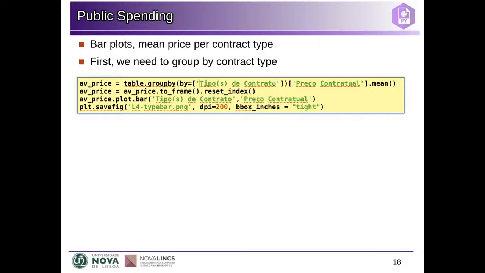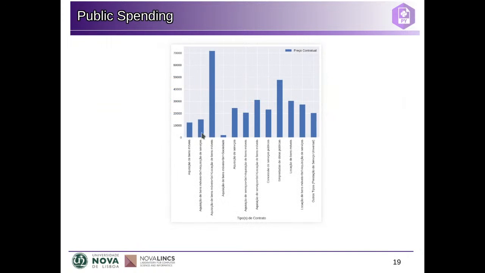So we have the two columns, which is the price with the mean price and the contract type with the type of each group. And now we can just do a bar plot, for example, price plot bar, using these two columns. So this gives us the bar plot where the first column is the labels, and the second column gives us the height of all the bars.